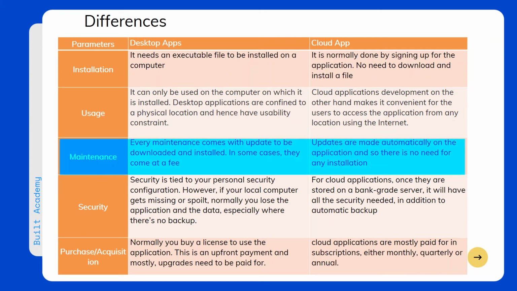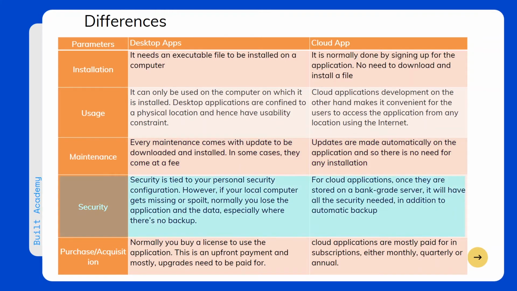Also with maintenance, every maintenance on a desktop application comes with an update to be downloaded and installed, and in some cases, they come at a fee. On the other hand, updates are made automatically on the cloud application, and so there is no need for any installation.